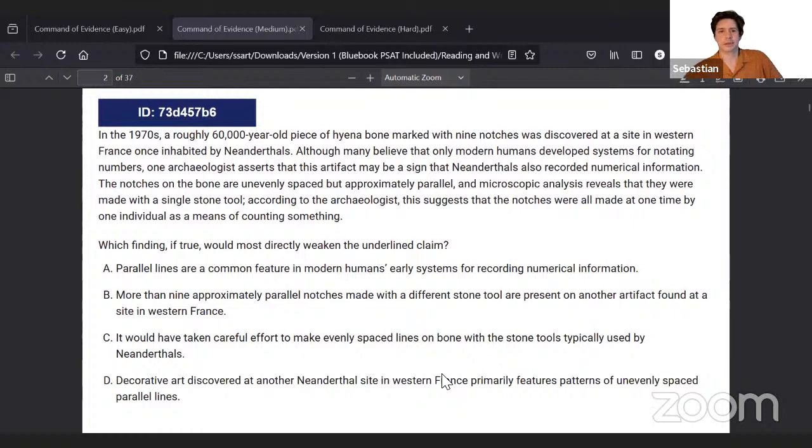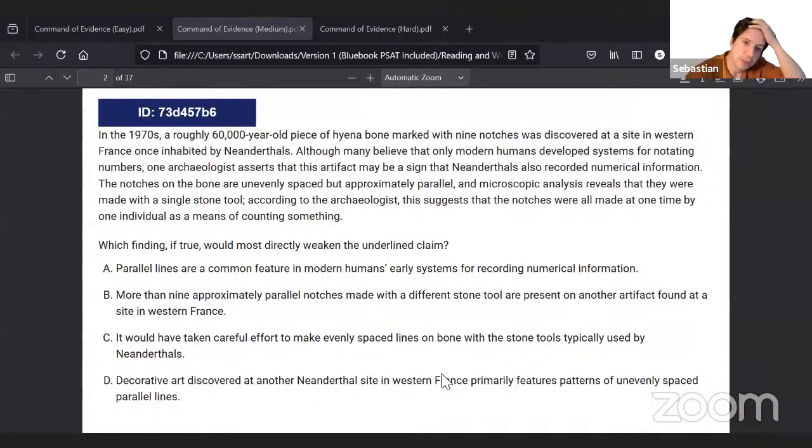In the 1970s, a roughly 60,000-year-old piece of a hyena bone marked with 9 notches was discovered at a site in western France, once inhabited by Neanderthals. Although many believe that only modern humans develop systems for notating numbers, one archaeologist asserts that this artifact may be a sign that Neanderthals also recorded numerical information.